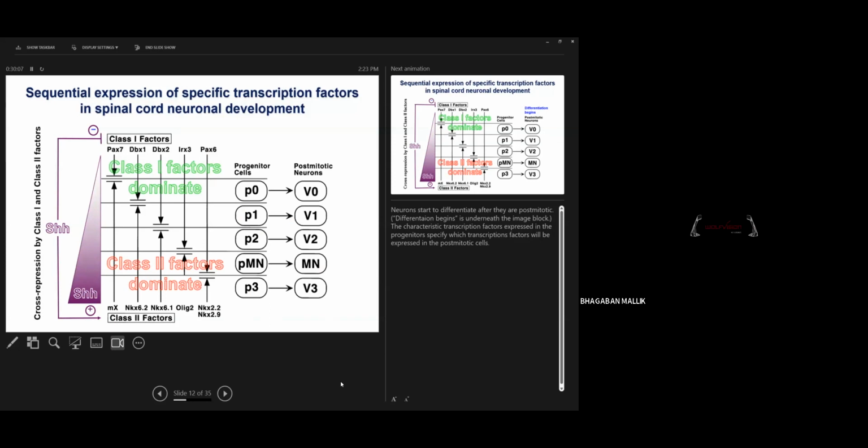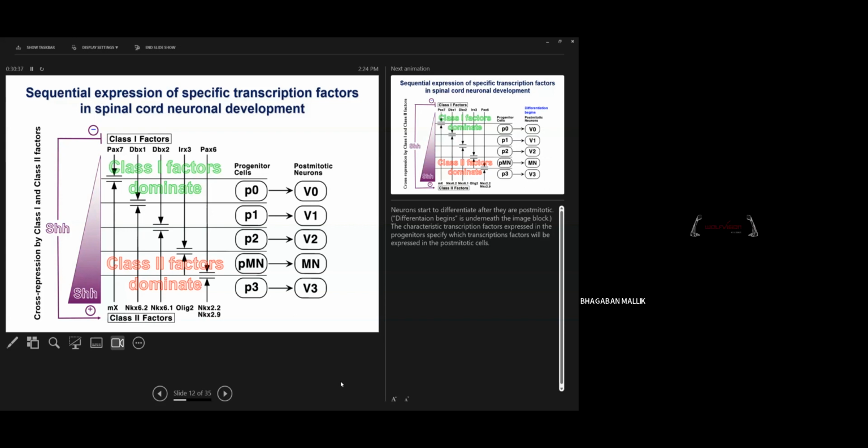Now that is all about the brain that I talked about, but here I am talking about different types of transcription factors that are also required for the development of spinal cord. So we know that sonic hedgehog is expressed in the ventral side of the neural tube, and you can see that the expression goes down toward the dorsal side of the neural tube.